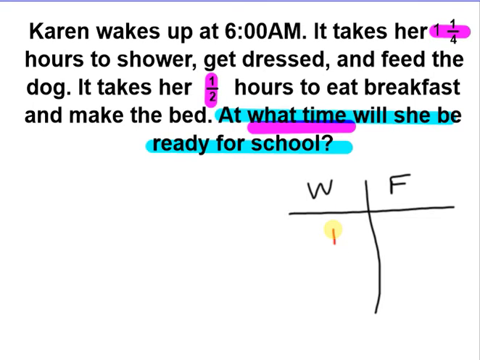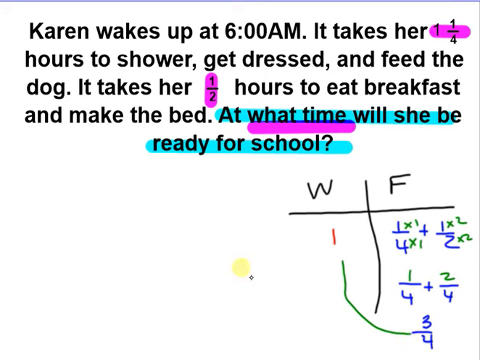So I only have one whole number over here, and then I have 1/4 plus 1/2. And I do need a common denominator, which is going to be 4. So 4 goes into 4 one time. 1 times 1 is 1. 2 goes into 4 2 times, and so 1 times 2 is 2. And then 1 plus 2 is 3, and I'm going to keep the 4 the same.